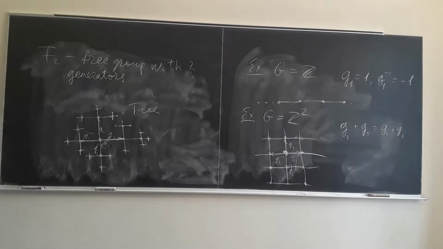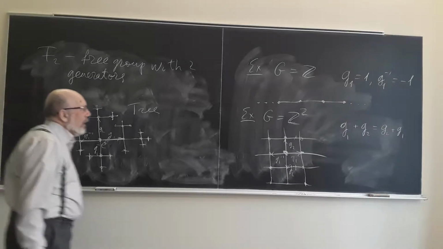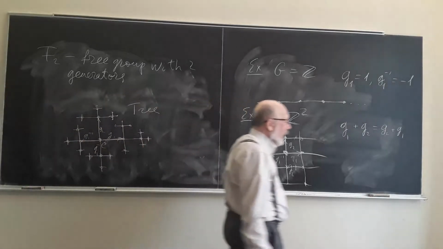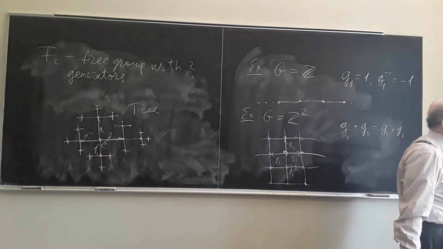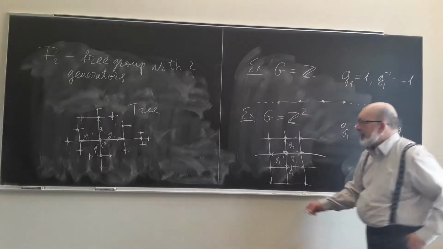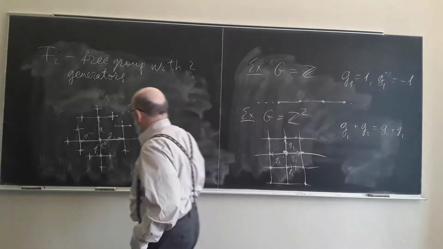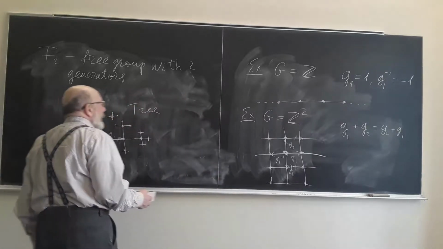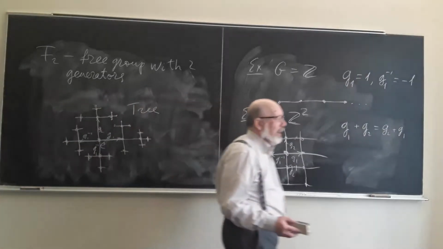For a free group with two generators, this Cayley graph is a tree. So this is a graph. For a graph, the set of the vertices of the graph can be given a metric.